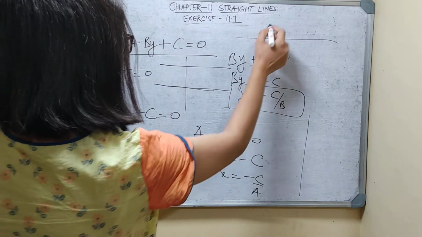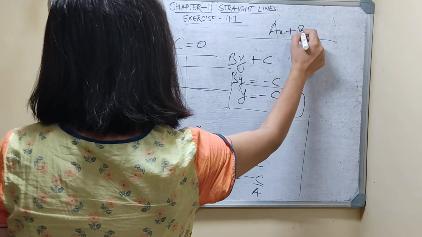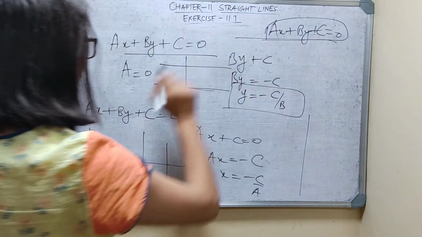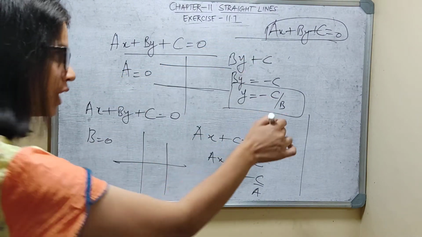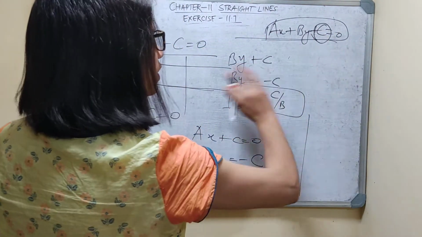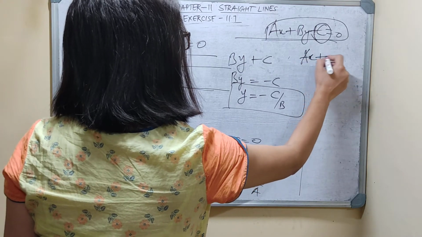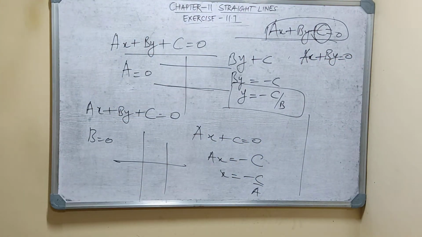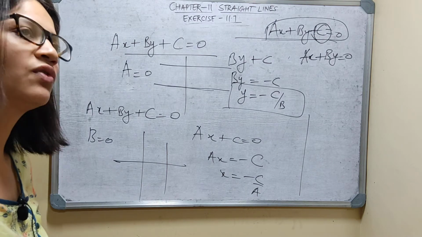And this is the equation. Again I am writing ax plus by plus c is equal to 0. This is the general equation of a line.